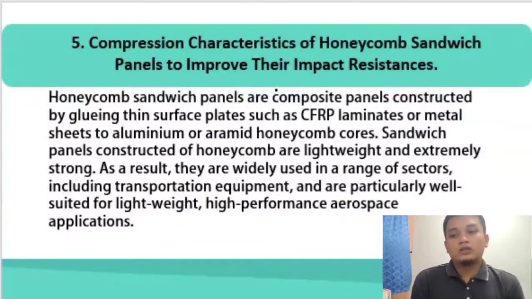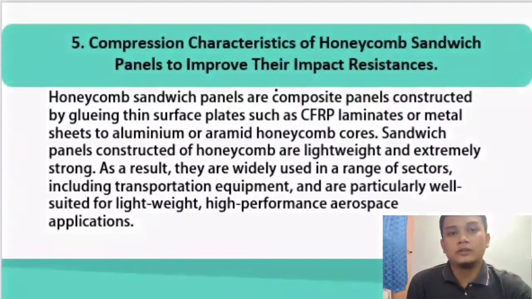Sandwich panels constructed of honeycomb are lightweight and extremely strong. As a result, they are widely used in a range of sectors including transportation equipment, and are particularly well suited for lightweight, high-performance aerospace applications.